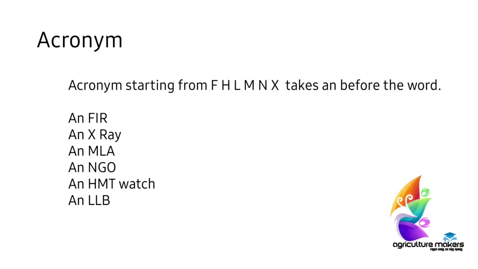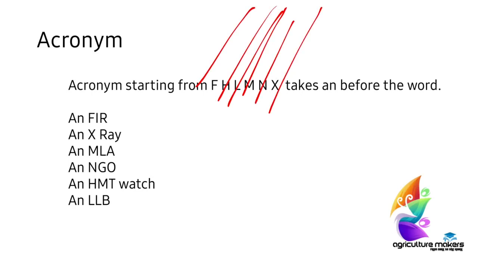Coming to the next, before the acronyms starting with the letters F, H, L, M, N, X, there should be an, even though they are said to be consonants. So before the acronyms starting with the letter F, H, L, M, N, X, we have to use an.